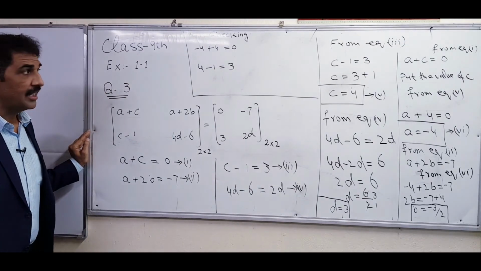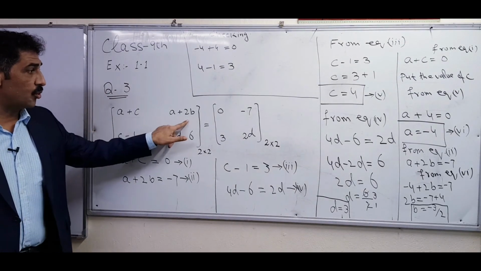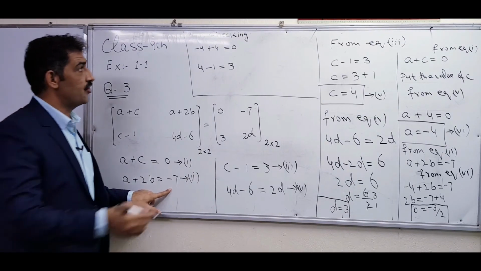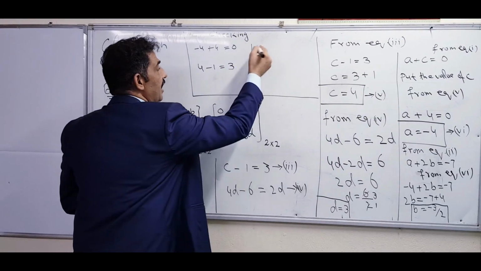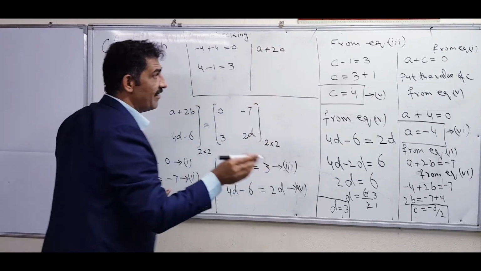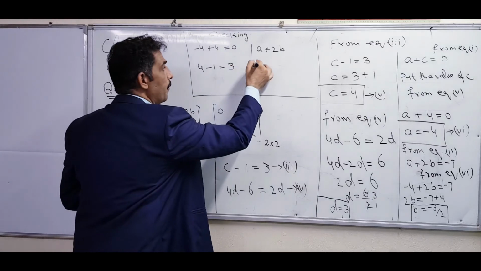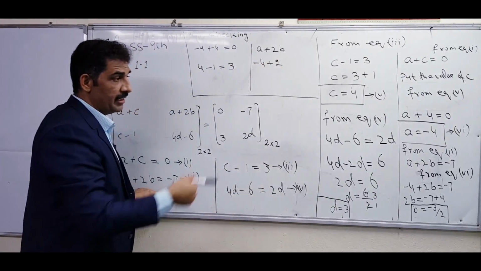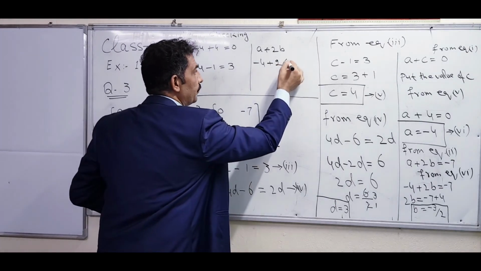Same. In such a way, A plus 2B is equal to minus 7. Check it. Does it give that answer or not? Left hand side, A plus 2B. So what is the value of A? Minus 4 plus 2. What is the value of B? Minus 3 over 2.